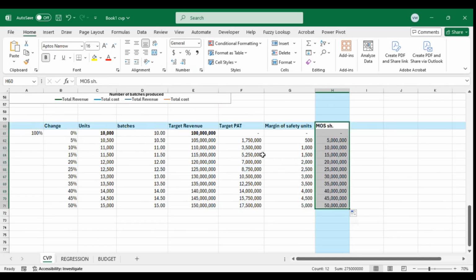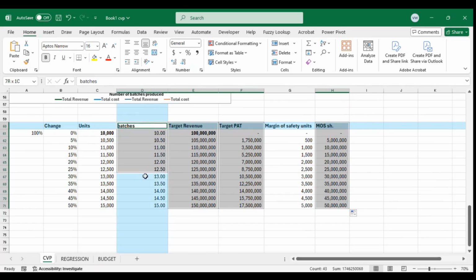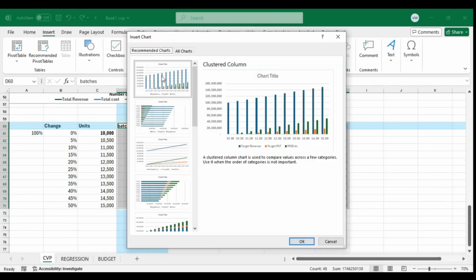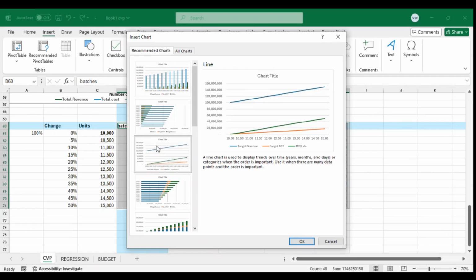Then we also pick the target profit and the target revenue. Then once we picked those, then we can also have it against our number of batches. Let's see if that will communicate. Then we'll go and tell Excel to recommend for us the best chart.